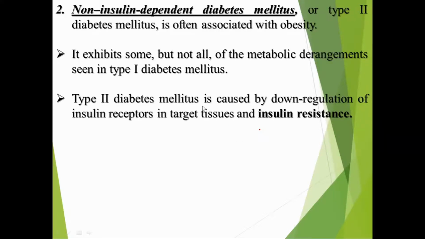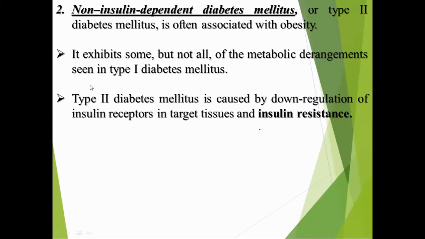What is down regulation of receptors? Decrease in number and sensitivity of insulin receptor. Decrease in number. Okay. So basically that is decrease in number. Number is more than sensitivity. When you say down regulation, then decrease in number is there.